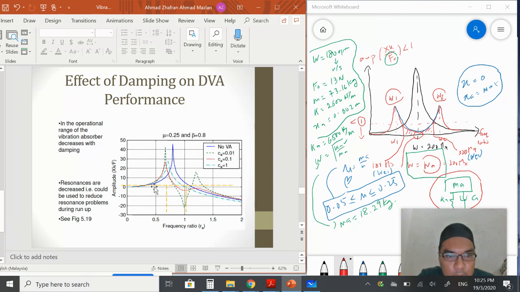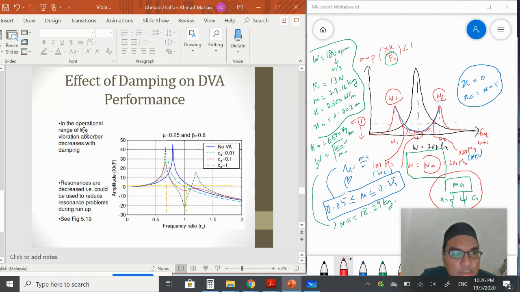With the amplitude of 1, you still have this range of effective operating frequency. Then you further increase to 0.1 and 1, so it becomes red and blue, and it's already going above this range. With the amplitude of 1, of course adding the damping will spoil the DVA function.